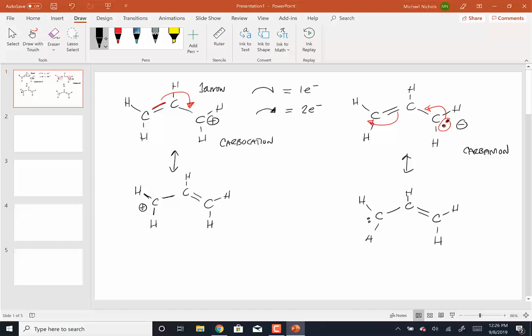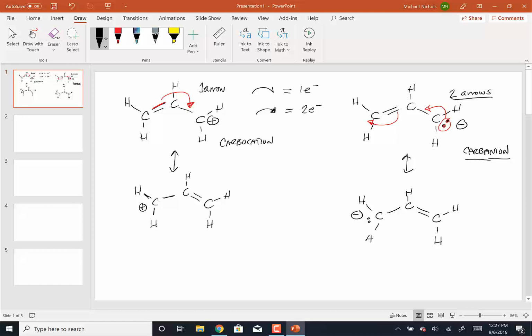Now the carbon with the 3 bonds and the lone pair has the negative charge. So when you're drawing resonance structures for carbanions, you move a lone pair to form a multiple bond, and then you move another lone pair out to a carbon to form the lone pair, so it always requires 2 arrows in that process, instead of just one for the carbocation, or the 3 half arrows which we saw for the radical.